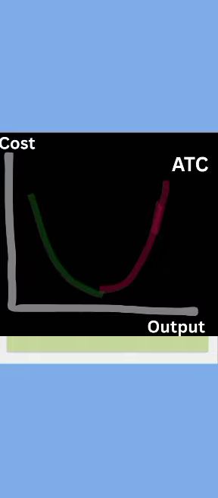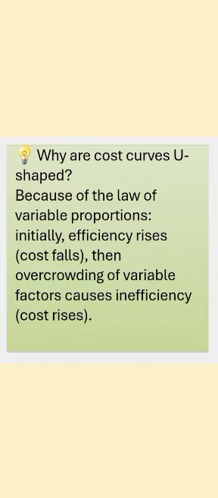Then there will be overcrowding of variable factors in a matter of time, and this will cause inefficiency, and therefore cause the unit cost of production to begin to rise. And that indeed explains the U-shaped nature of the cost curve.